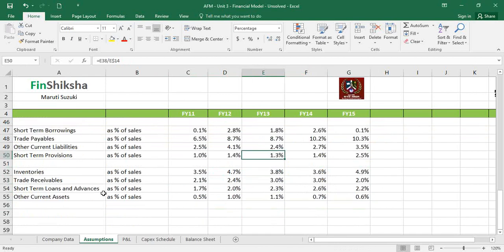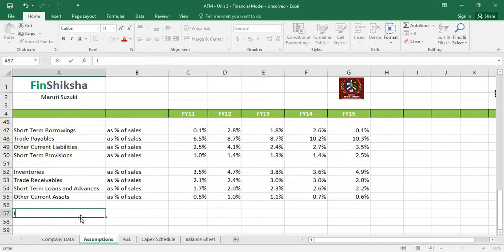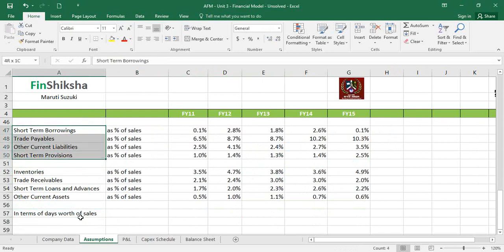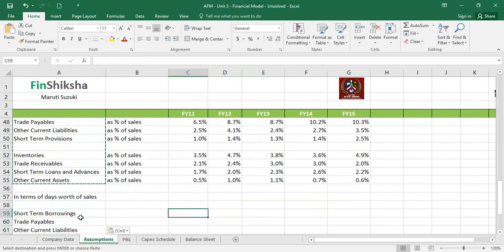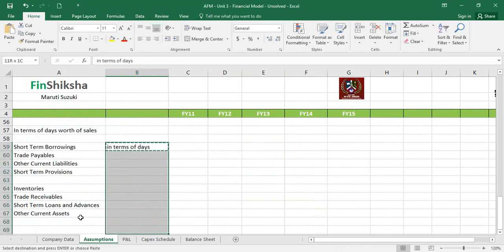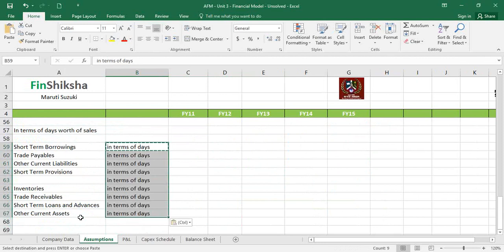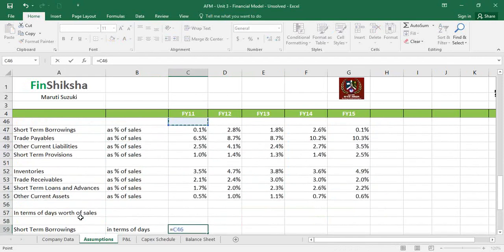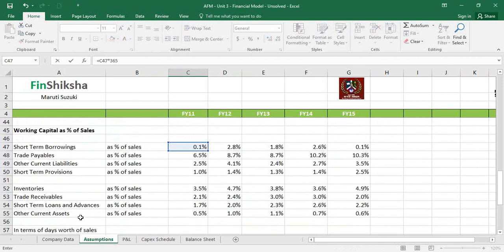We can also convert working capital in terms of days worth of sales, right? So I can take all these numbers and multiply each of these by 365. So in terms of days worth of sales is what I'm looking at.